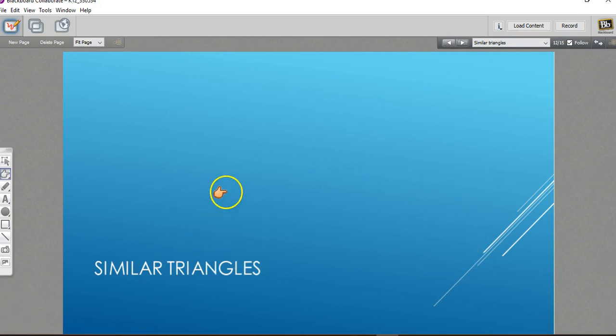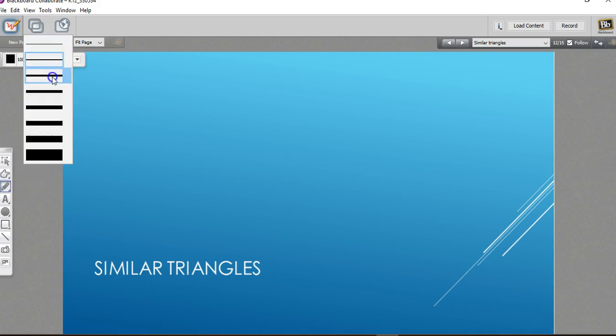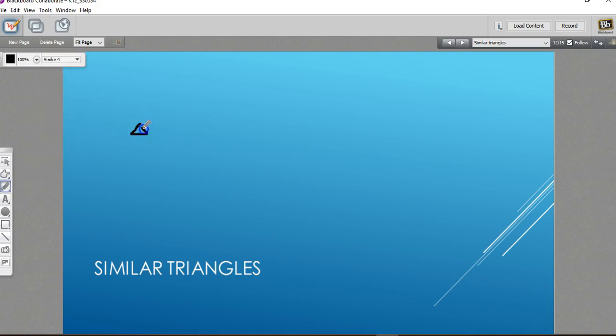Okay, so the next question on the test is going to deal with whether or not you can understand a similarity statement. And similarity statements are going to be very similar to congruence statements. So what you want to look at here is if we have triangle, let's say XYZ. And they tell us that triangle XYZ is similar to triangle RST.